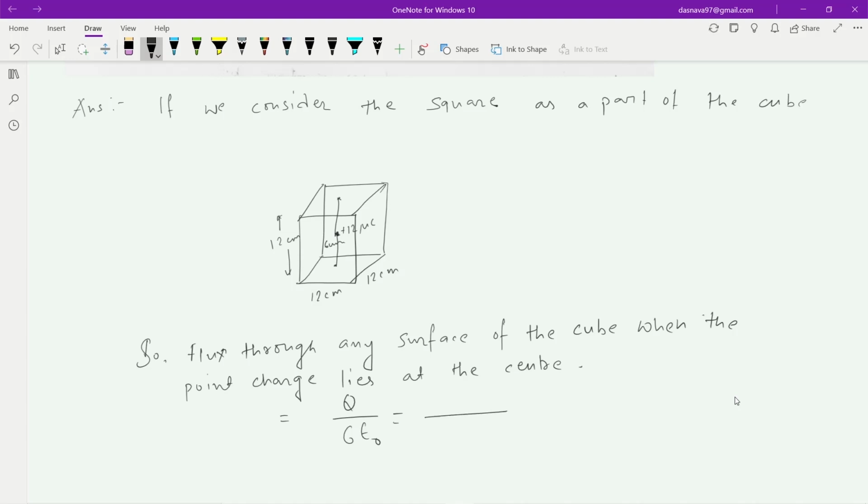Now what is the value of q given? 12 microcoulomb by 6 epsilon naught equals 12 into 10 to the power minus 6 by 6 epsilon naught.